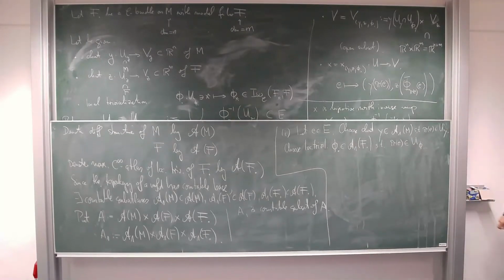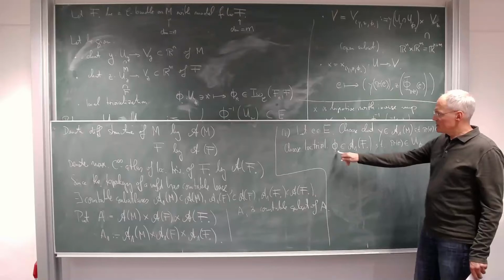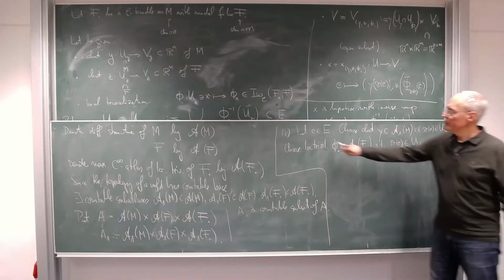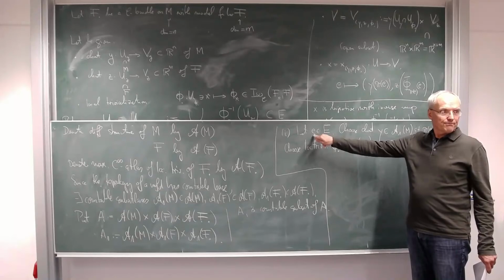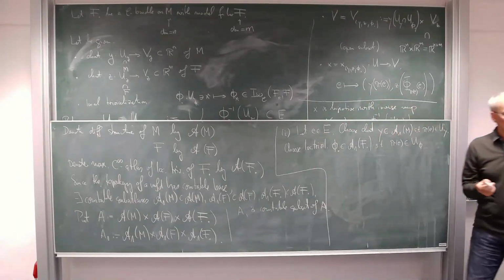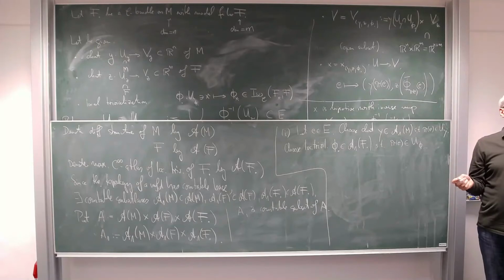Good. Once we have that, we can use this local trivialization to map the point E itself to the model fiber. Right? And then we are landing in the model fiber, and then we pick a chart of the model fiber which contains this image point.